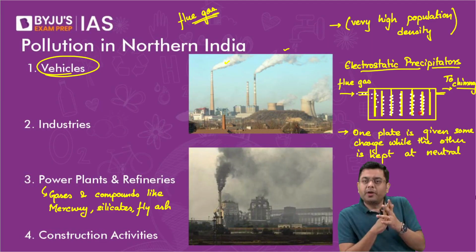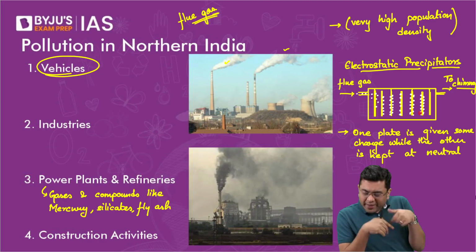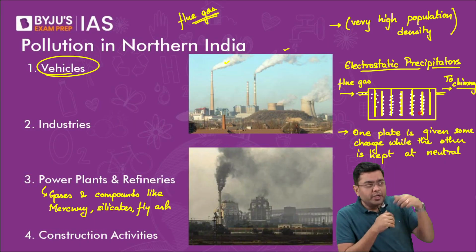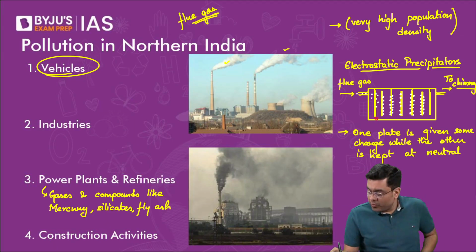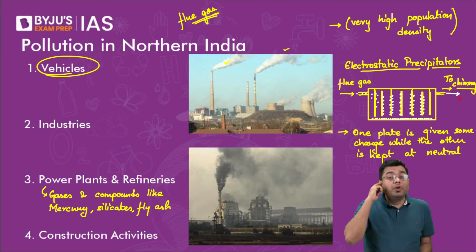No plate has any charge now. As soon as you withdraw the charge, all these particles which are sticking to the plate start dropping and accumulating here. All the various particles simply rub off the plate when you withdraw the charge and get deposited here. And then the gases which come out are much cleaner.